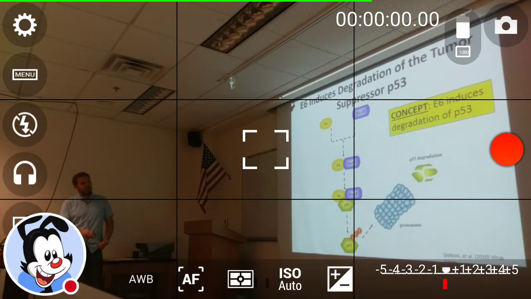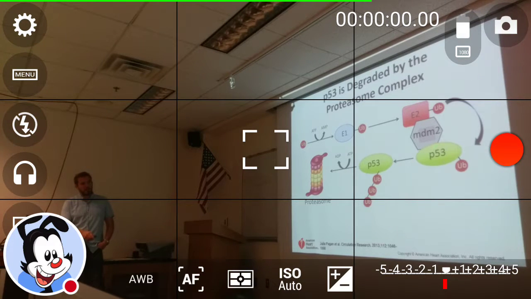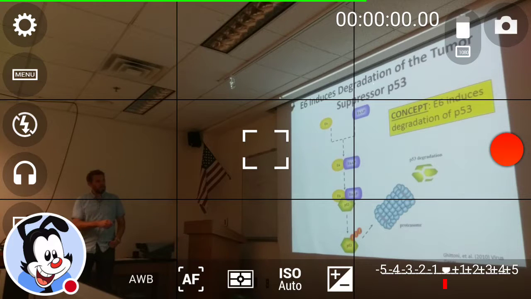E6 will play the role of MDM2. So this is controlled by the cell, but E6 has figured out a way to essentially do the exact same thing without having to involve cellular control. So by just making more and more E6, you slot E6 into this cartoon, p53 gets turned off. And that's essentially what this cartoon is saying.